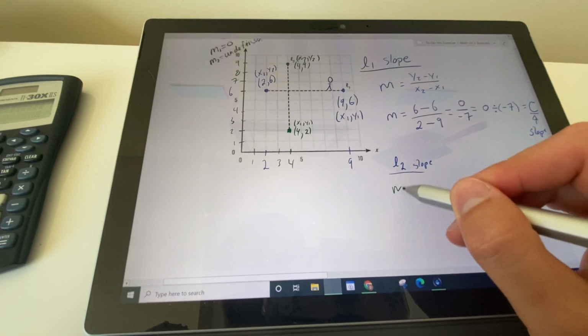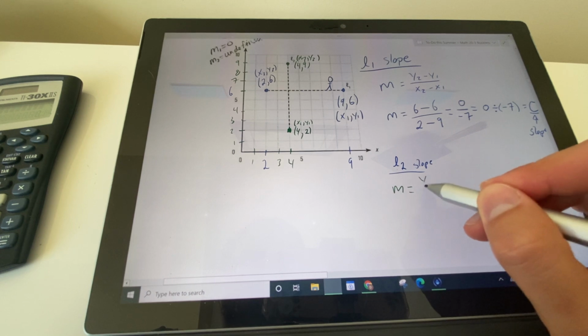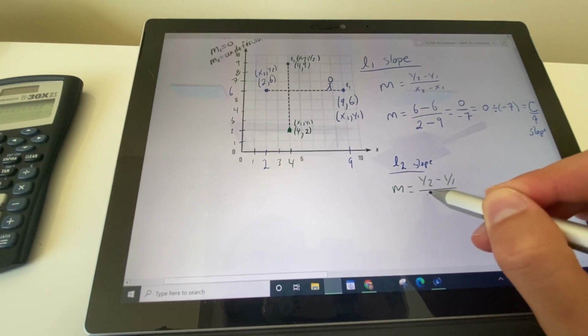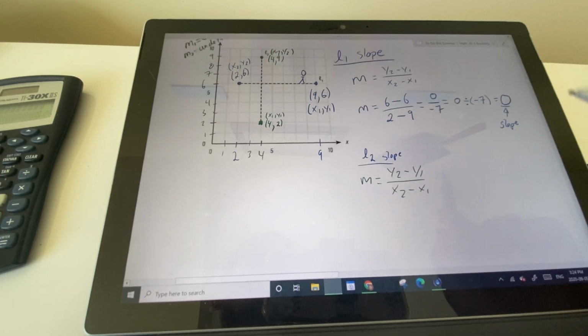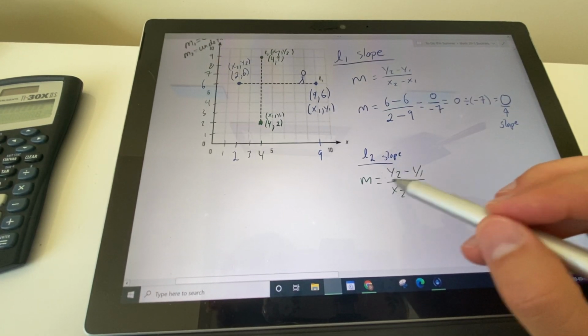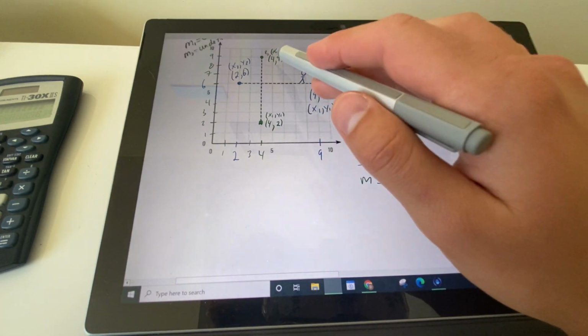So we have our slope, and that's, remember, y2 minus y1 over x2 minus x1. Well, we've already put values to these. So y2 is 9.